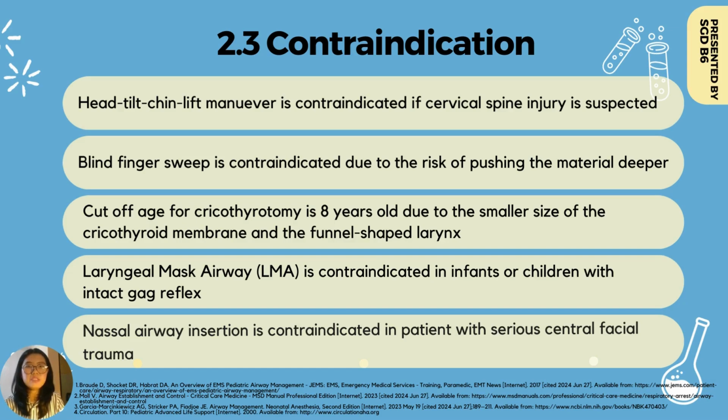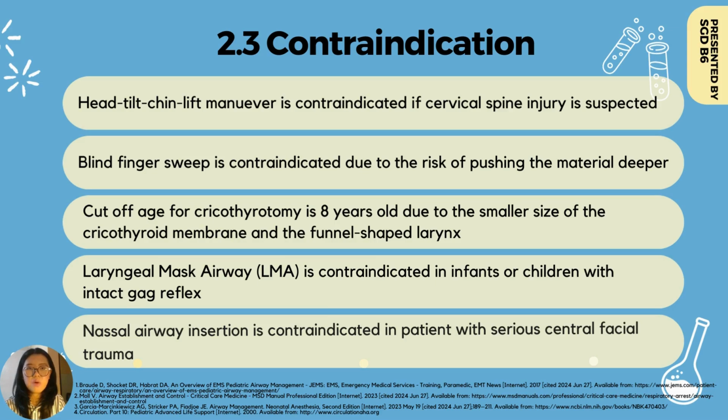In pediatric patients, cricothyrotomy is rarely performed as an emergency option. Most studies agree that the cutoff age for cricothyrotomy is no less than 8 years old. This is due to the smaller size of the cricothyroid membrane and the funnel-shaped larynx. Next, the laryngeal mask airway is usually used to provide effective ventilation and oxygenation.